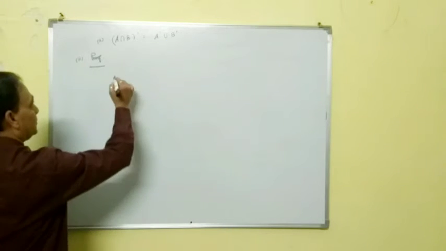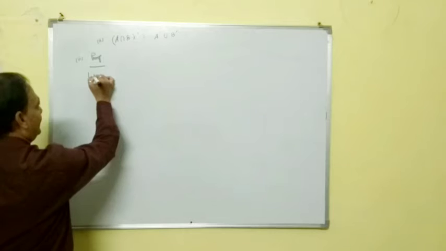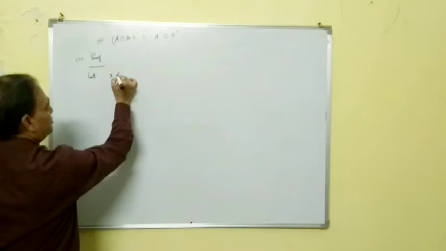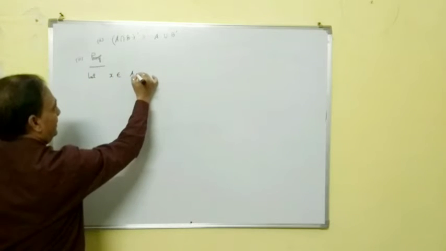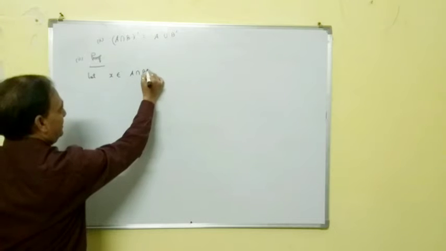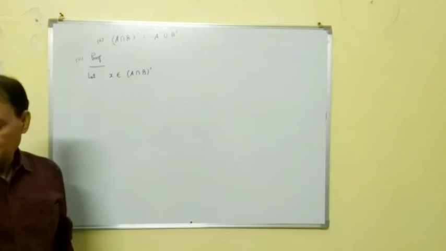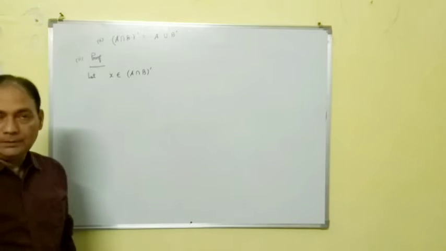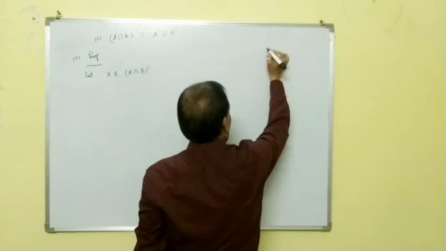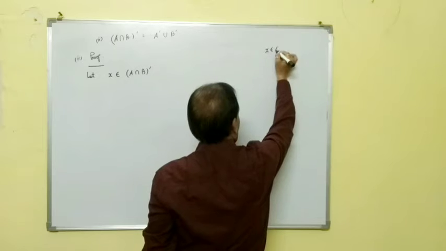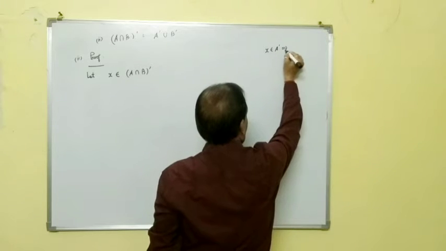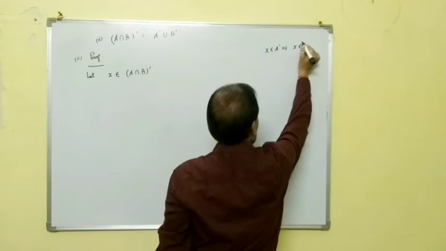So let X belong to the complement of A intersection B. X belongs to the complement implies that X does not belong to A intersection B.